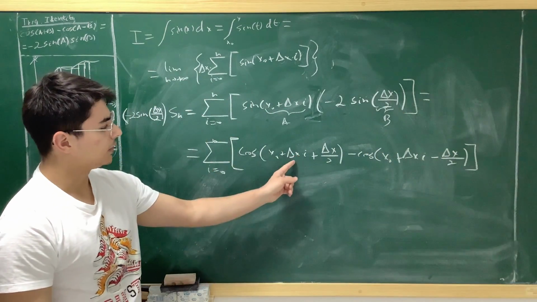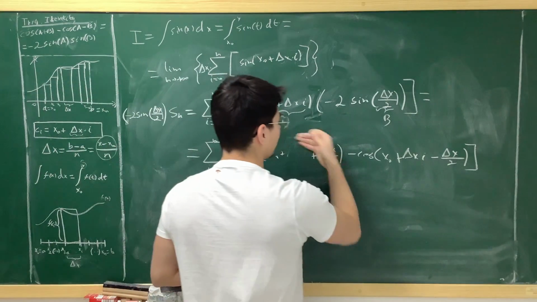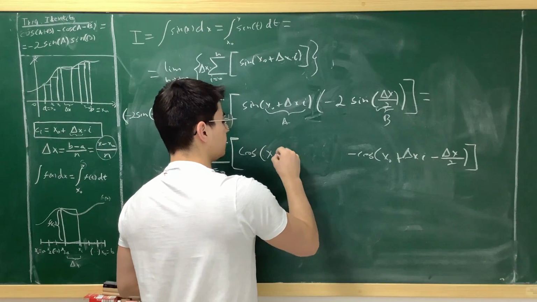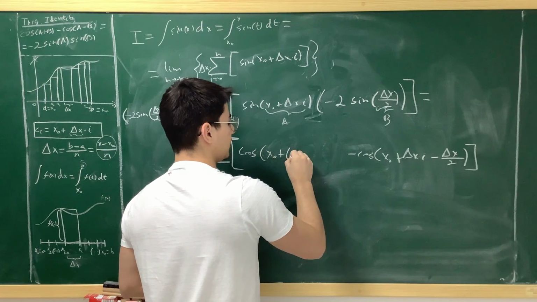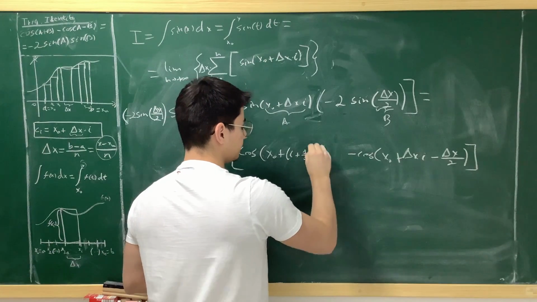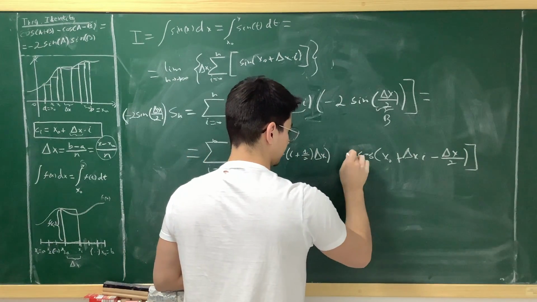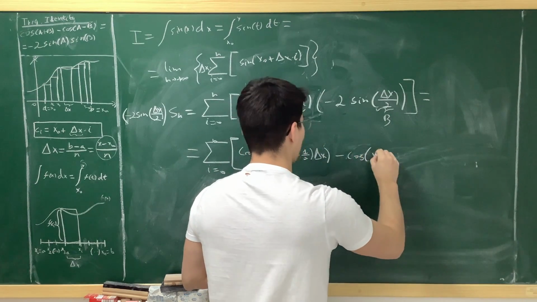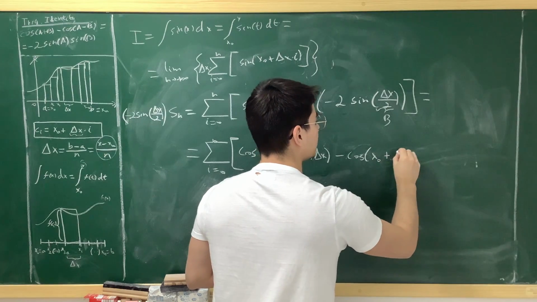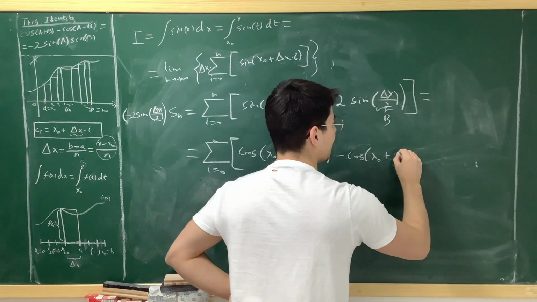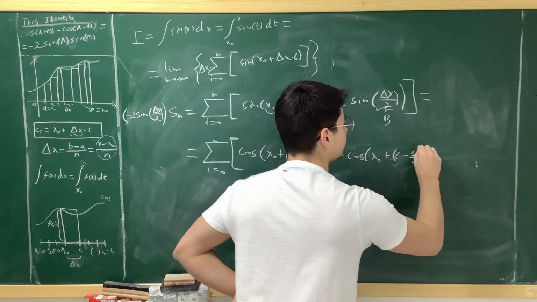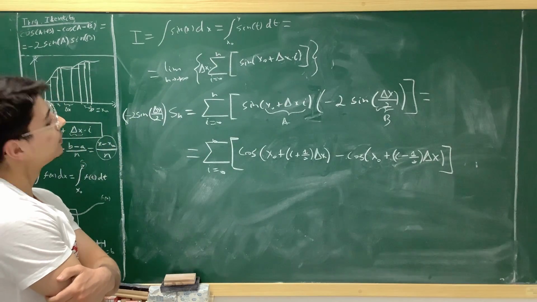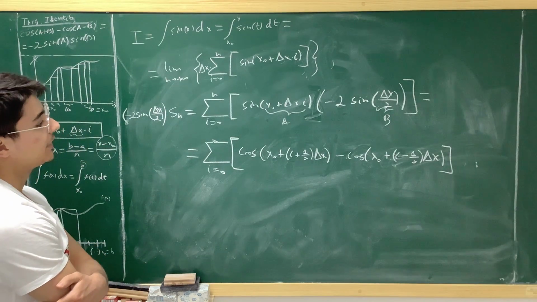Well, here we can take out the common factor delta x and express this as the cosine of x naught plus delta x times (i plus 1/2), minus the cosine of x naught plus delta x times (i minus 1/2). Let me just check for a minute, and yes, that's it.